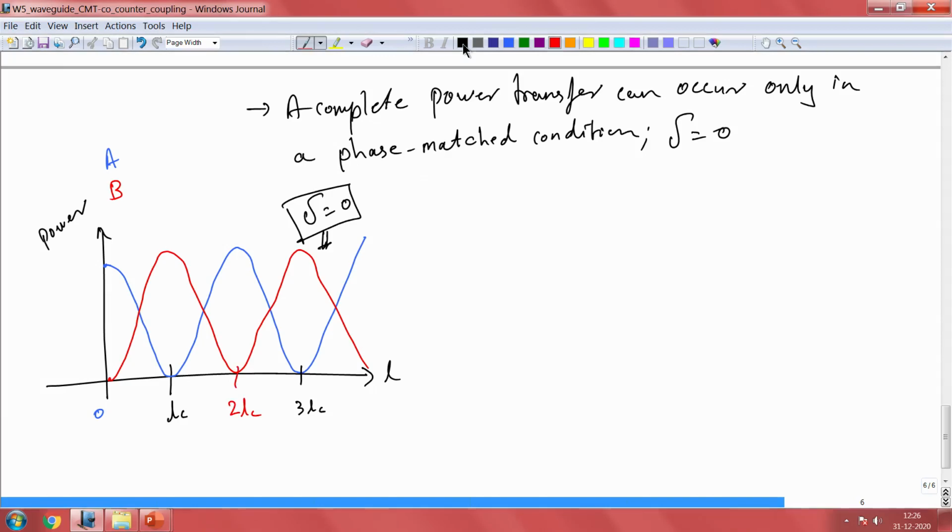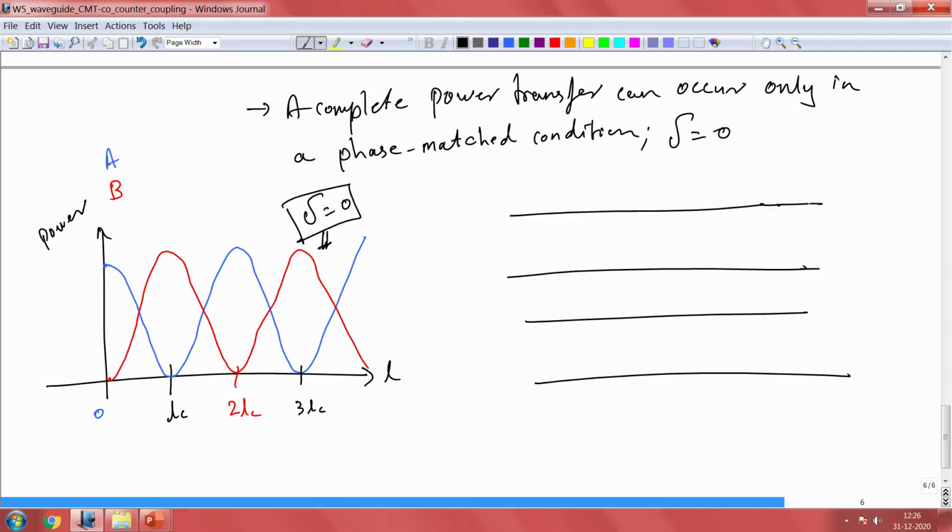To visualize, I take a waveguide, or even in this case I can take two waveguides, both are right. I only launch A here. This is waveguide 1 and waveguide 2. I want to couple to B, so I only launch A here. There is no B there, but this is as a function of length.